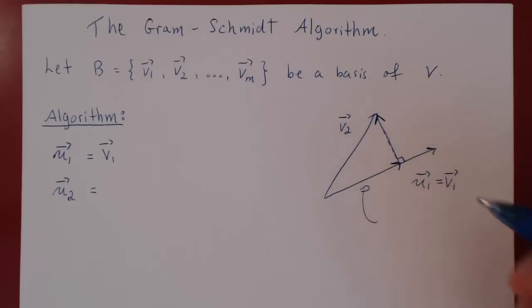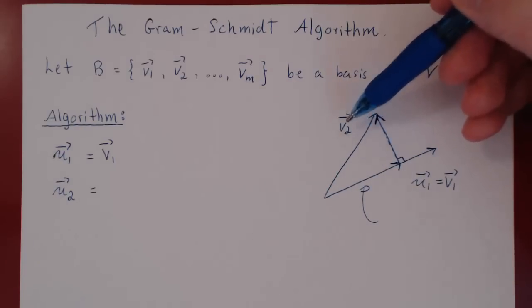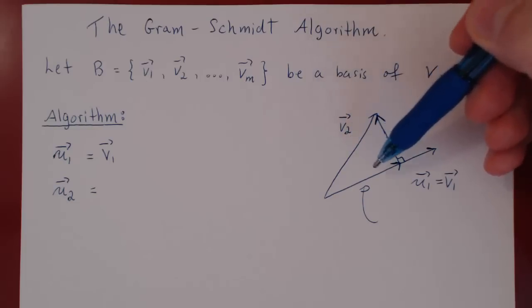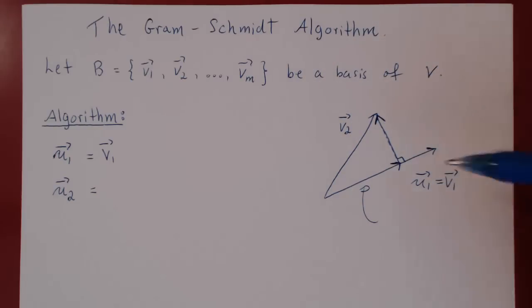But if you think of it, what is this vector? It is the orthogonal projection of vector v2 onto vector u1.